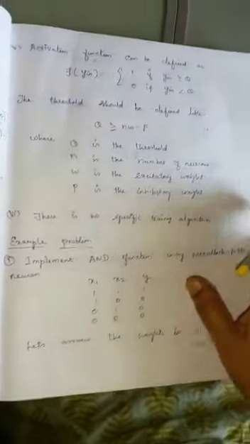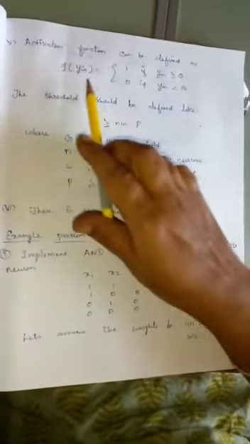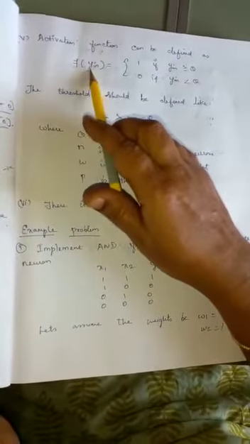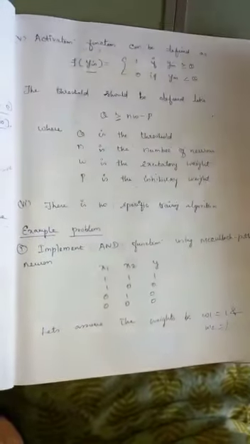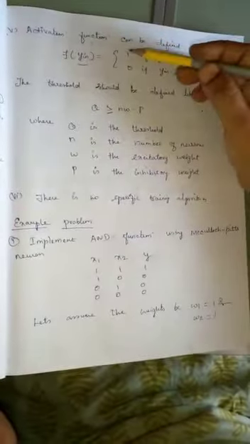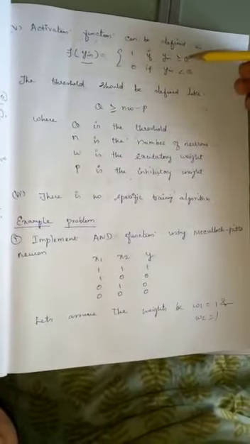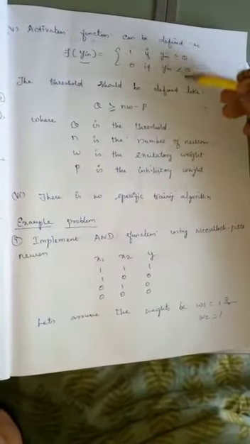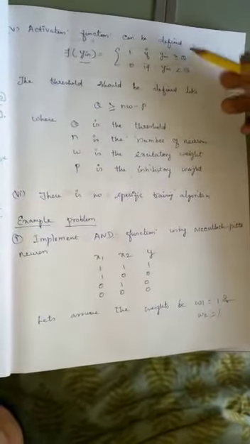Here the activation function can be defined like f of y_in, where y_in is the net input: 1 if y_in is greater than or equal to theta, and 0 if y_in is less than theta. So what is this theta? This theta is a threshold value and it must be defined.